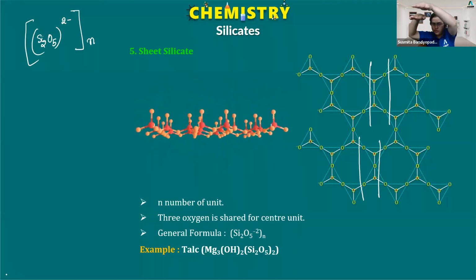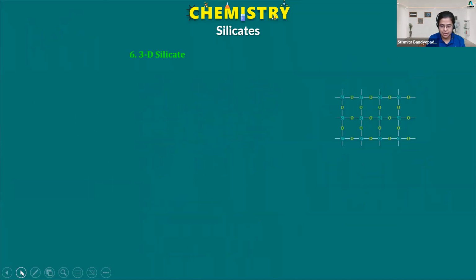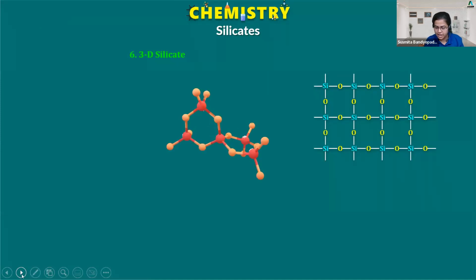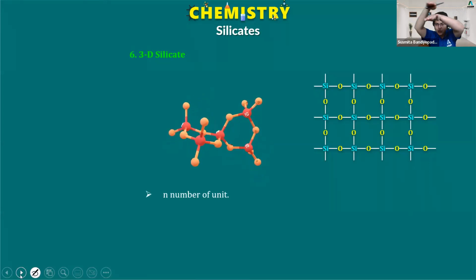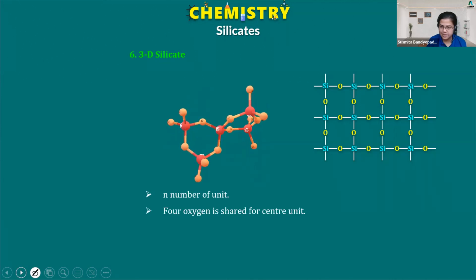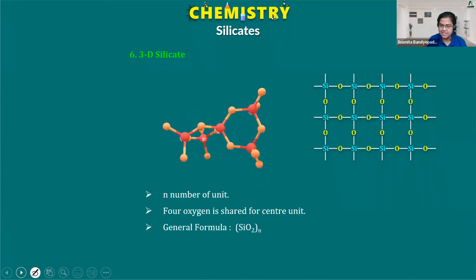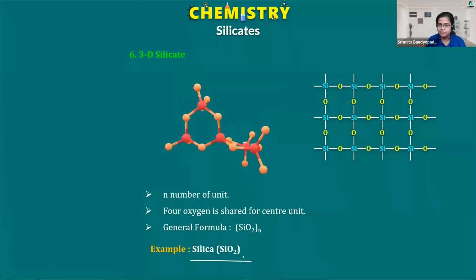Second sheet, third sheet, fourth sheet, and so on, forms a three-dimensional silicate where all the four oxygens are shared, and this is the only way to represent it. The general formula is also SiO2 whole n. All the four oxygens are shared, difficult to show practically. Hence you just know that in the center all four oxygens are shared. SiO2 whole n is the repeating unit, hence the general formula. Example is silica.